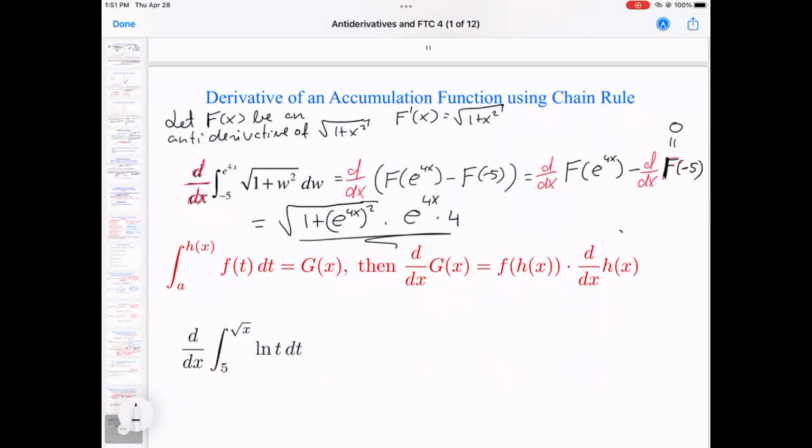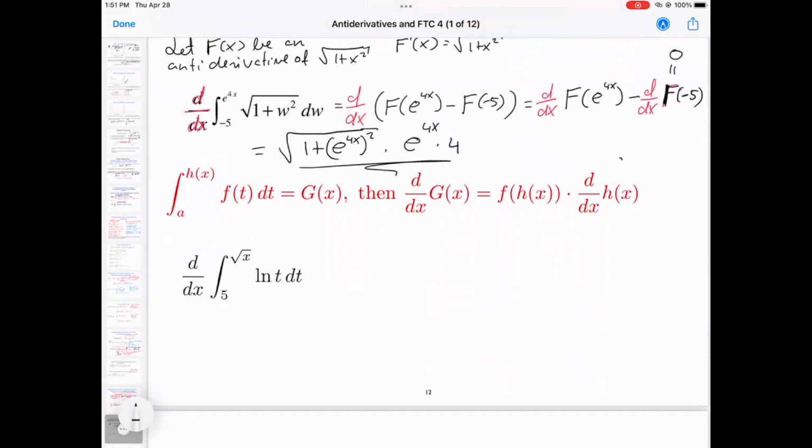So without deriving everything I did before, if you want to find the derivative of this accumulation function, that's going to be the rate function, going back to the rate at radical x, because that's the inside.